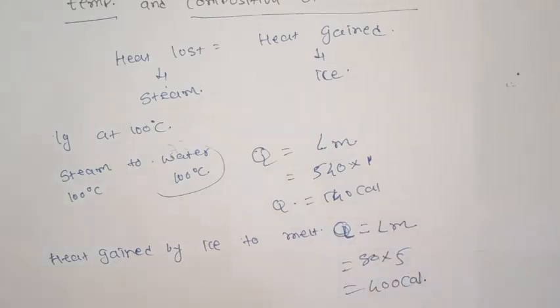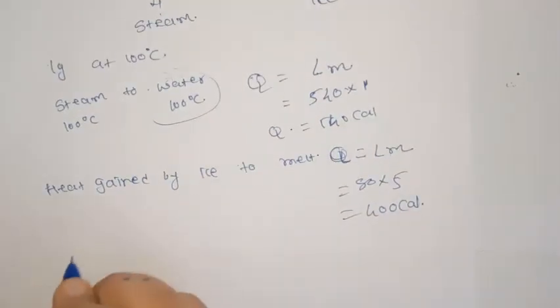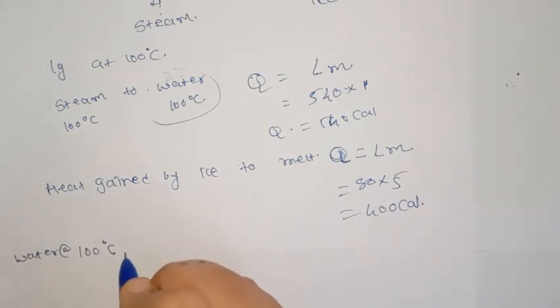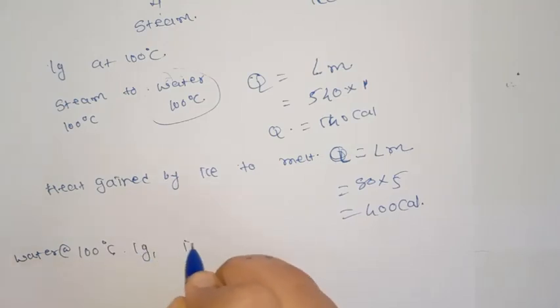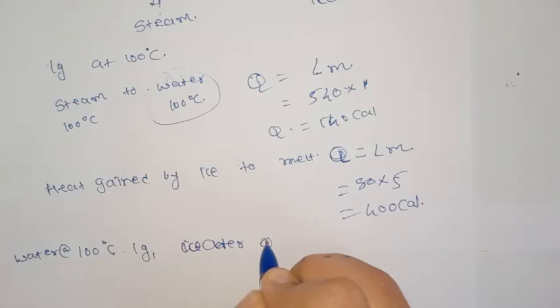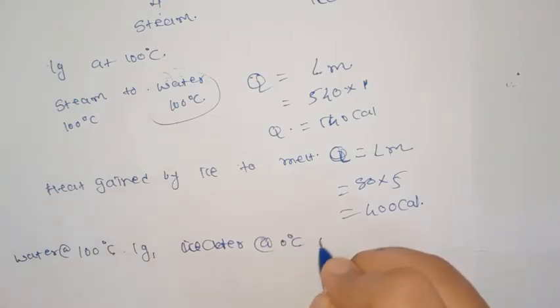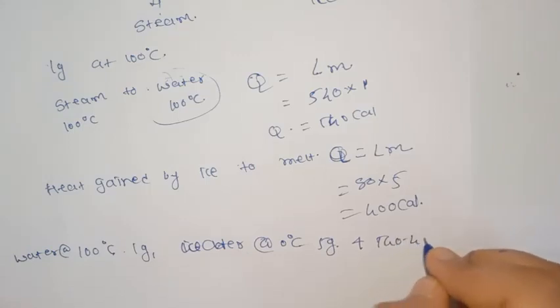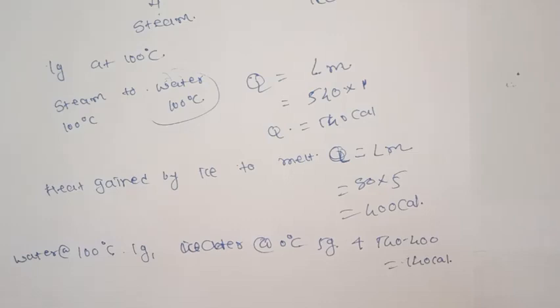So after this conversion, we have water at 100 degrees Celsius 1 gram, water at 0 degrees Celsius 5 gram, and an additional heat of 540 minus 400, that is equal to 140 calorie.